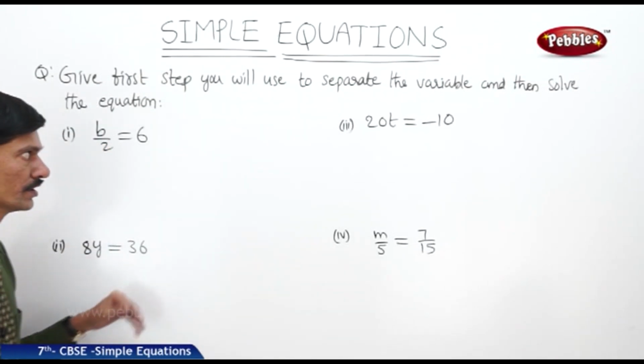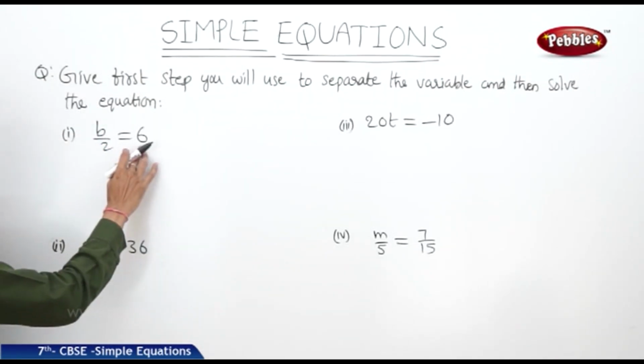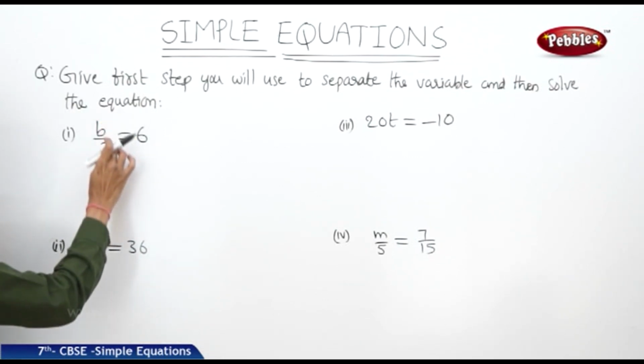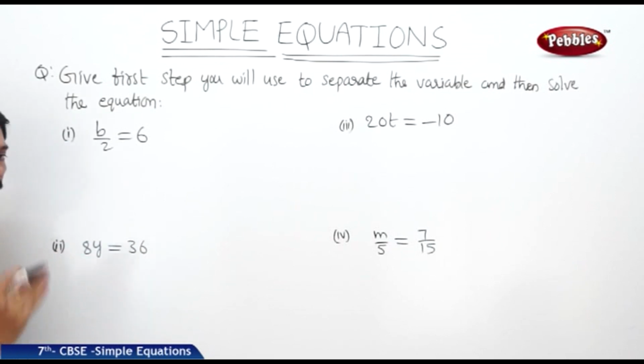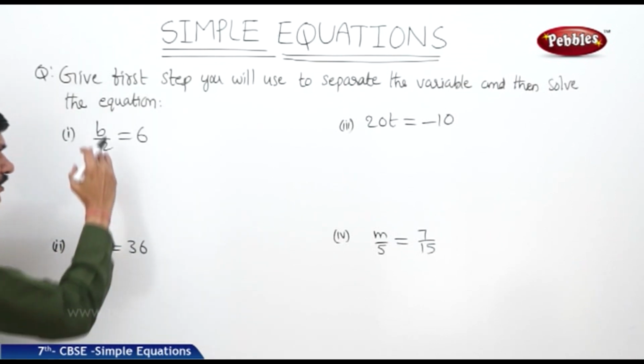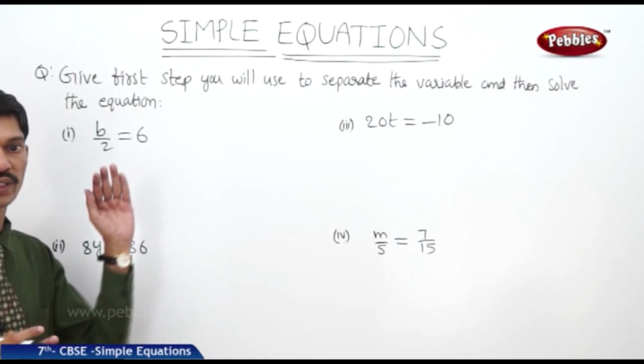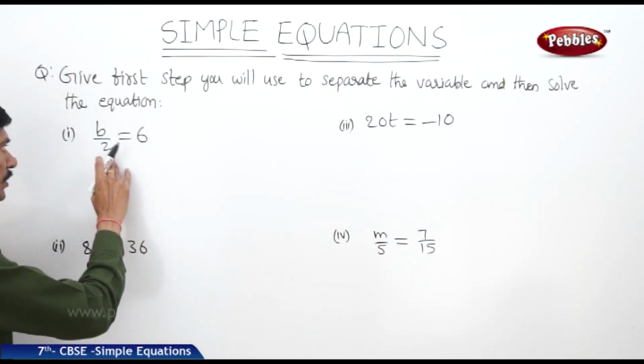Now let us see the next question. So b by 2 equal to 6. Here the operation is b divided by 2. Then how to separate b in the LHS? So here b is divided by 2. To cancel by 2, we should multiply both sides by the same number, that is 2.